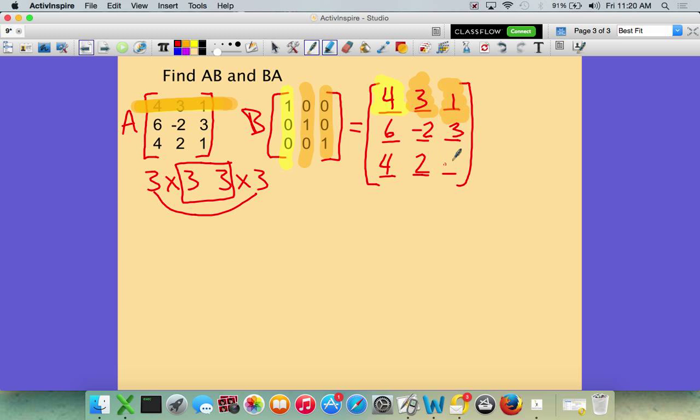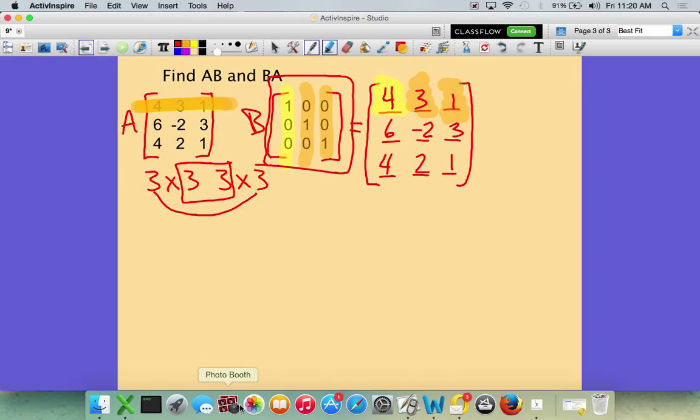When we are multiplying by this special type of matrix, this is like multiplying by our multiplicative identity, where we have ones going in a diagonal pattern from top left to bottom right, and everything else is a 0.